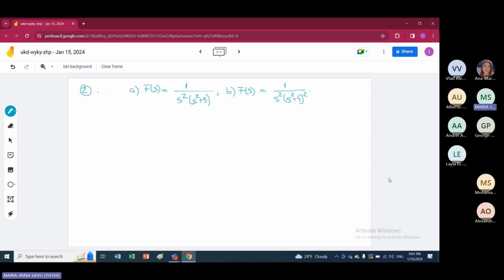Have you succeeded to find the original? No. Okay, let's take a look at A. What method have you tried? I tried the one with t power n, but then n has to be positive. It cannot be -2.